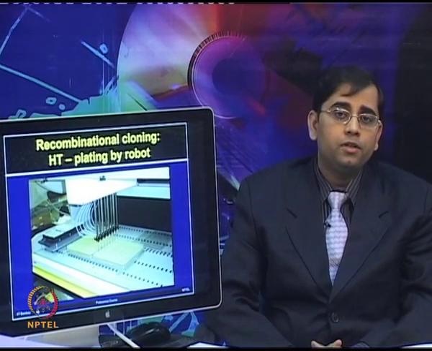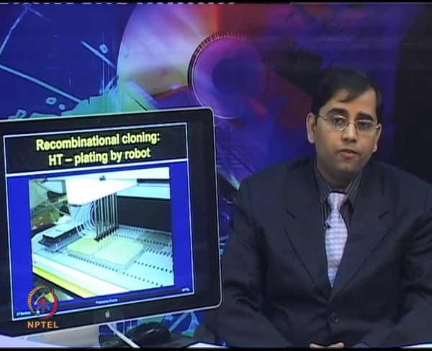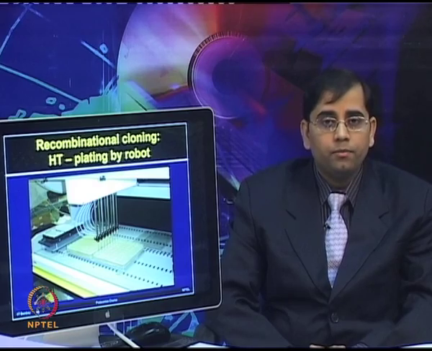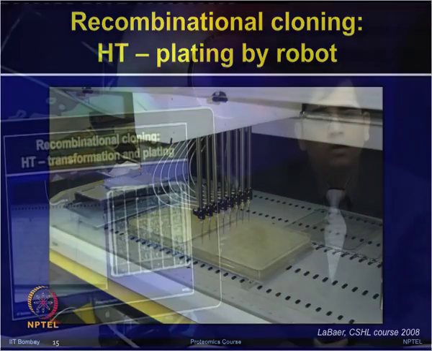Now, high throughput requirements also include the plating for the transformation by robot. So, the bacterial transformation can be plated by robot onto custom designed bioassay dishes, which contain 48 compartments, as you can see in this slide, and these colonies can further be picked automatically by another robotic platform, which is a colony picking robot.